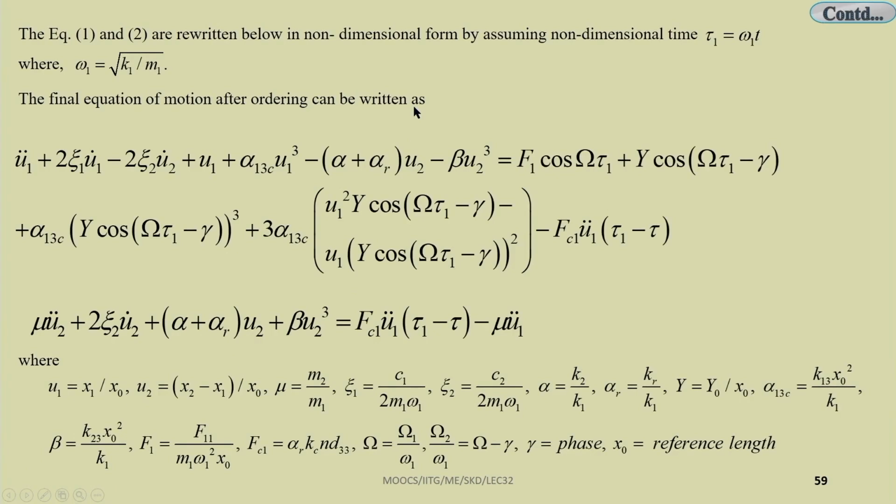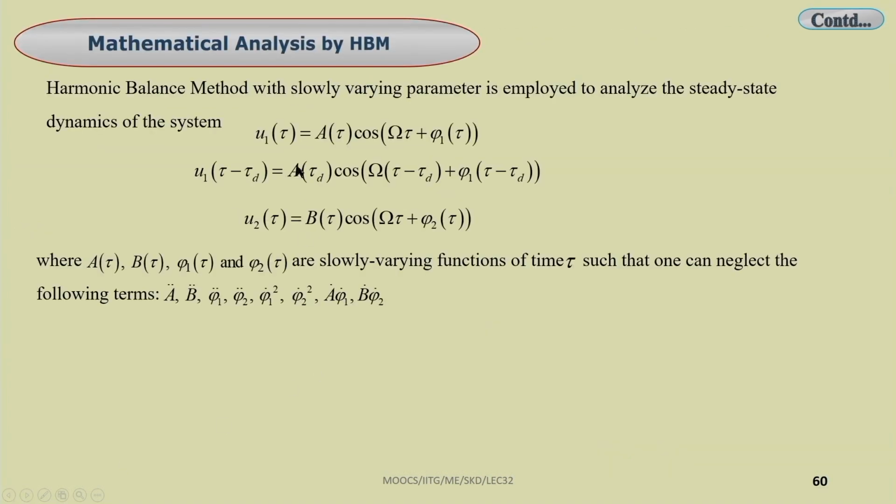Let me briefly show how the harmonic balance method can be used in this way. In this case, you can have the same equation of motion, but you can consider u 1 tau equal to a tau cos omega tau plus psi 1 tau, u 1 tau minus tau d equal to a tau d cos omega tau minus tau d plus psi 1 tau minus tau d, u 2 tau equal to b tau cos omega tau plus psi 2 tau.